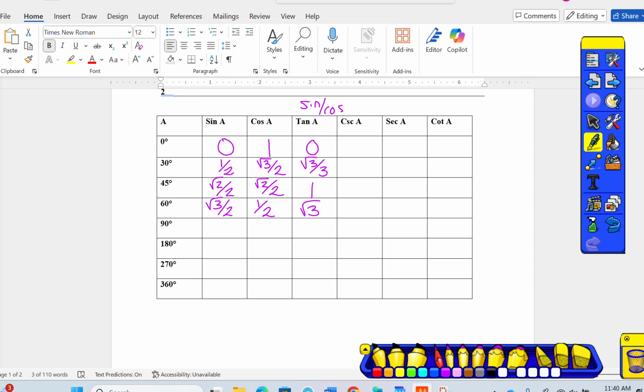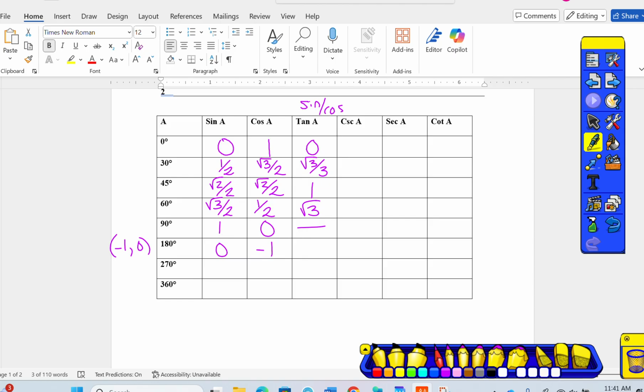And 90 is up at the top. At 90, the sine is 1, the cosine is 0. What happens when we divide 1 by 0? We get undefined, so I'm just going to put a line there. 180 is over on the left. The coordinate point for 180 is -1, 0. So -1 is my cosine, 0 is my sine.